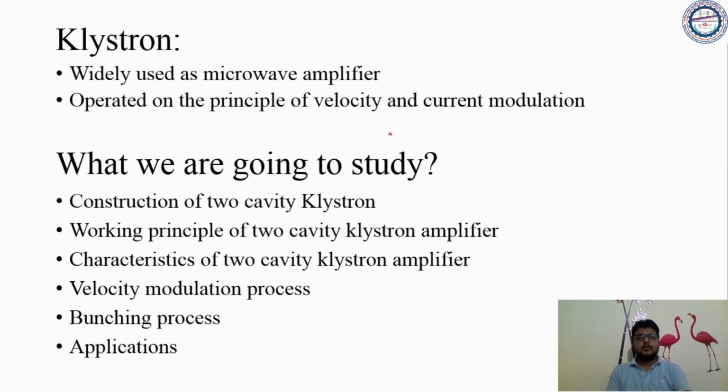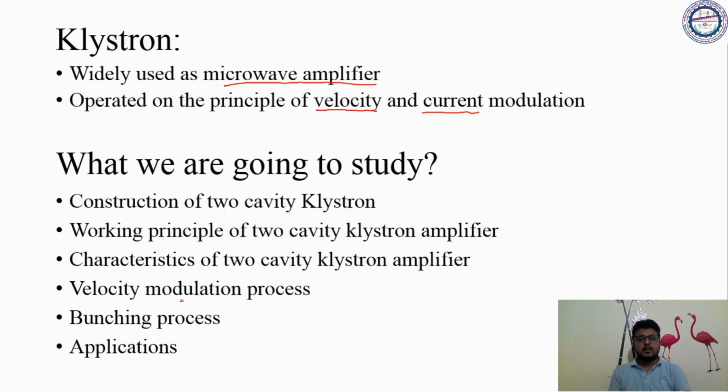So, klystron amplifier is widely used as microwave amplifier and it is operated on the principle of velocity and current modulation. We will see velocity modulation mathematically in detail, how velocity modulation takes place. So in this lecture, we are going to study the construction of two-cavity klystron amplifier, the working principle and the characteristics of two-cavity klystron amplifier.